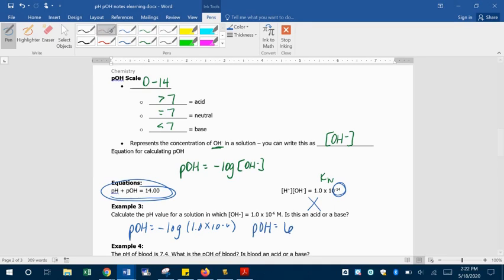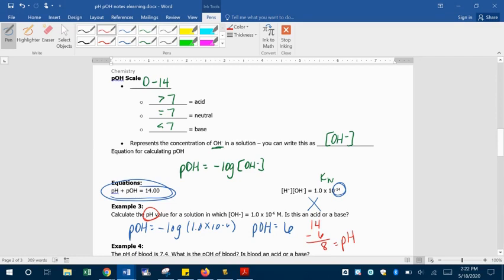But if you look, trick question, it's asking for pH. And what I know is that my pH plus my pOH equals 14. So if I just take 14 minus 6, I will get 8, which is going to be my pH.